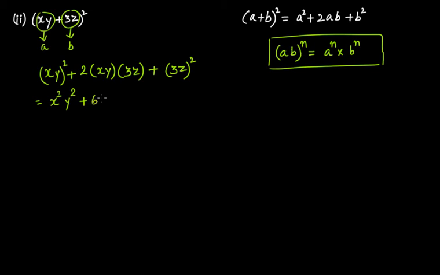Then you have x, y and z. So x multiplied by y multiplied by z, plus 3z square means what? This is 3z multiplied by 3z, right? So x squared y squared plus 6xyz plus 3 times 3 is 9, z times z is z squared. So this is your answer.